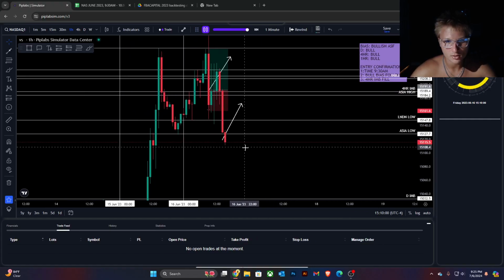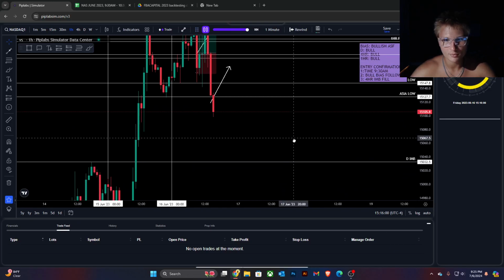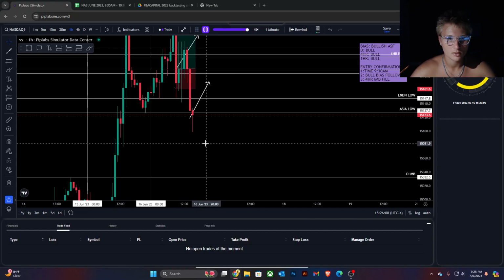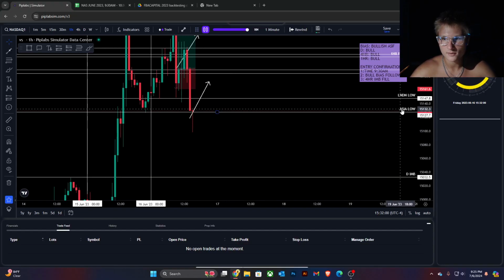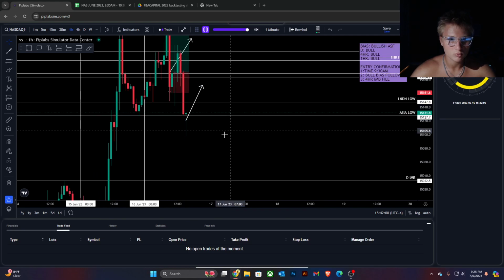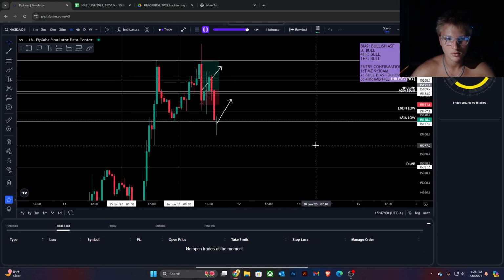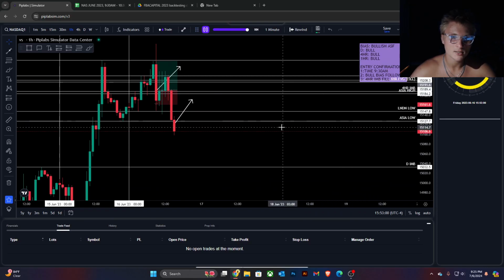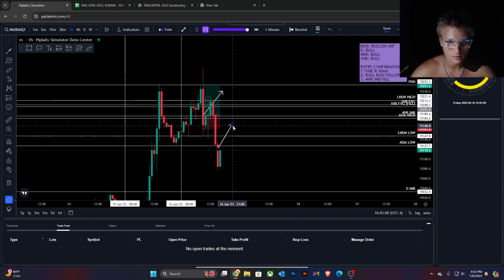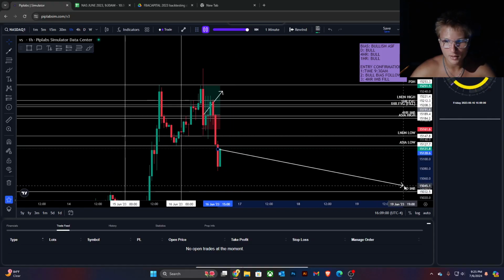There's our reaction. Or now we could just be melting down to this daily imbalance. But there's the reaction off this Asia low. Liquidity swept. Daily bias is still bullish, but it looks like we're having a retracement down to this daily imbalance to fill it.